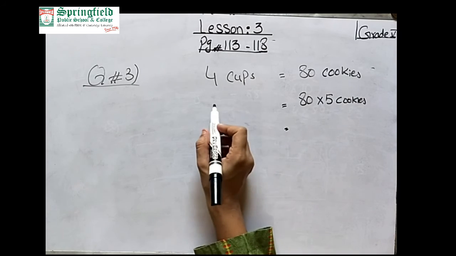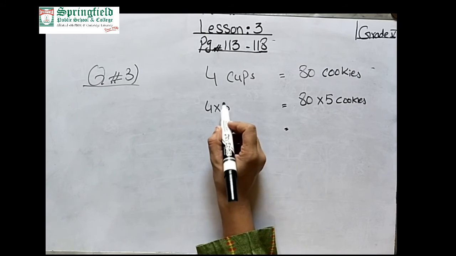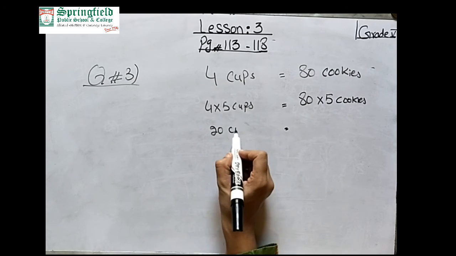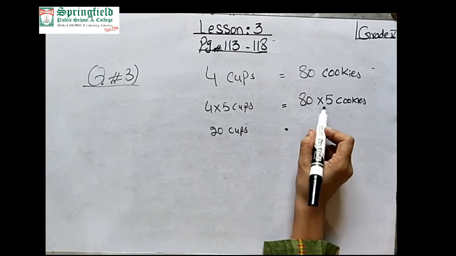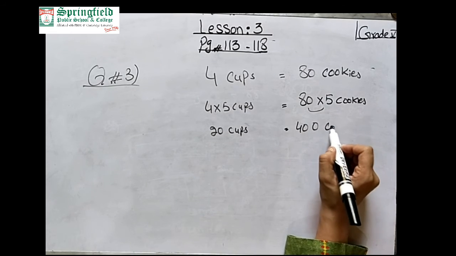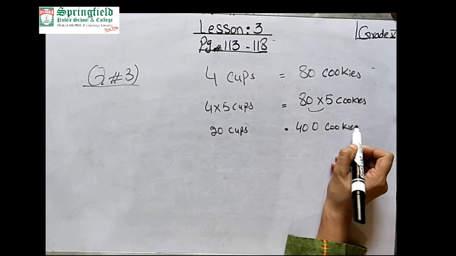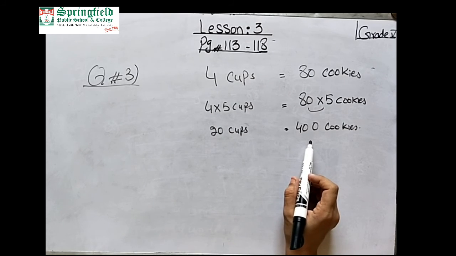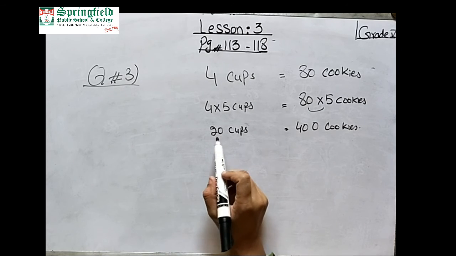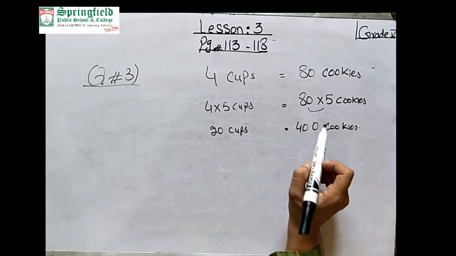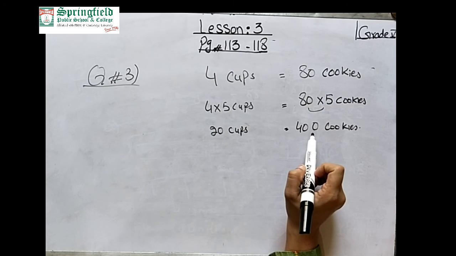So 5 will also multiply with 4. 5 fours are 20 cups. So in 20 cups she can make 400 cookies.